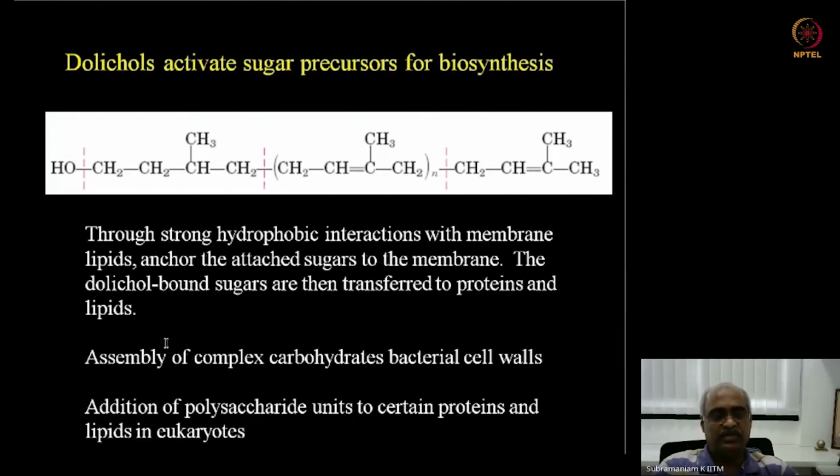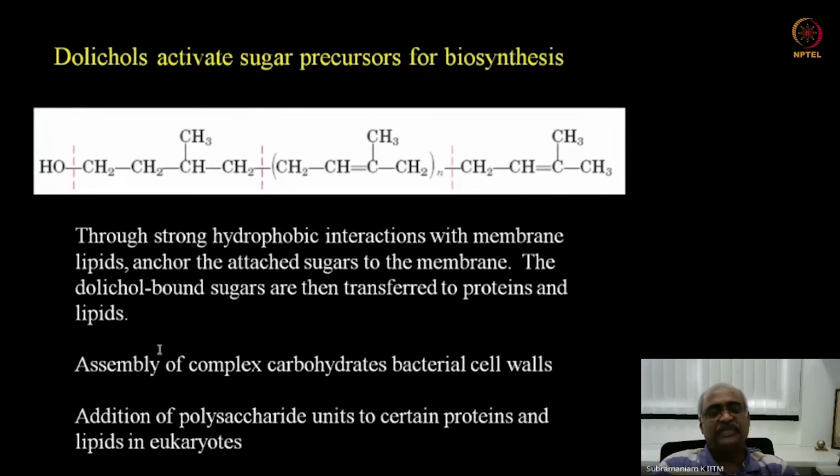Our blood group is a glycosylated membrane lipid. Like we saw with the sphingolipids, there we saw the carbohydrates attached. And to add sugars like that to the membrane lipids, these dolichols help.